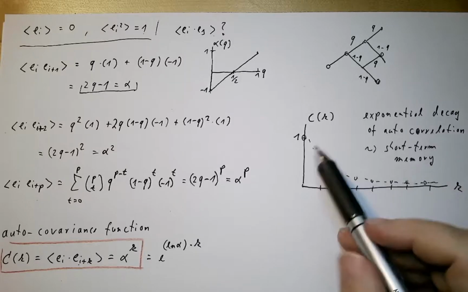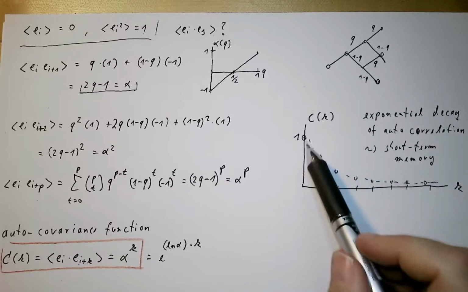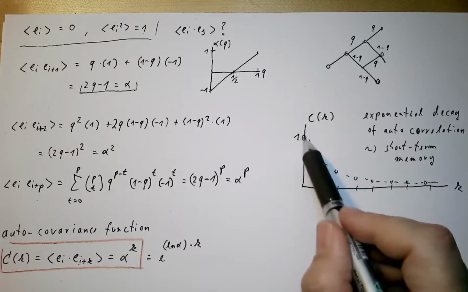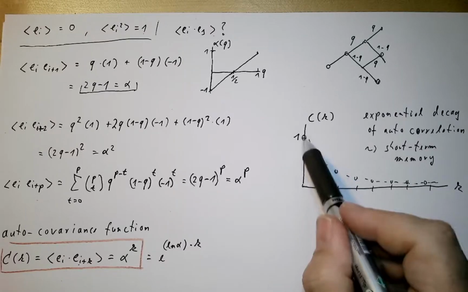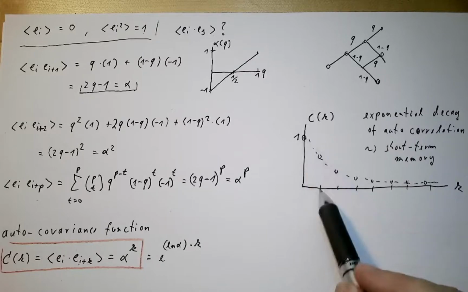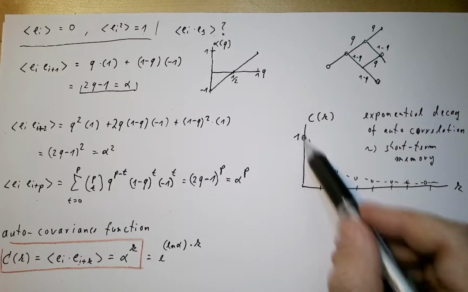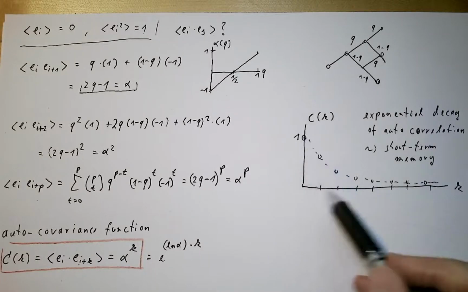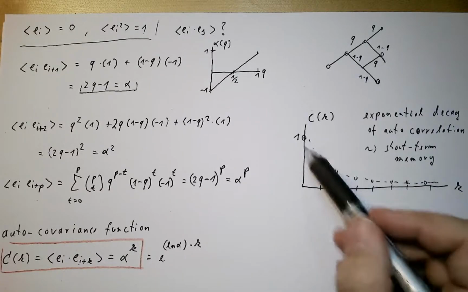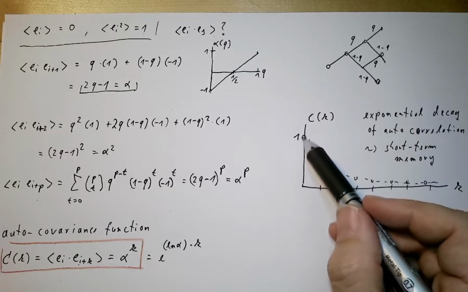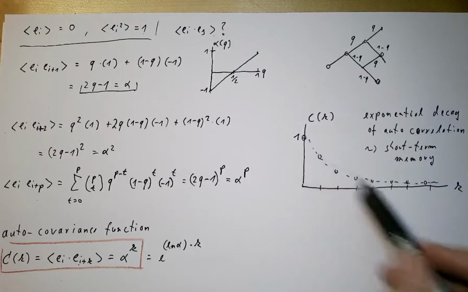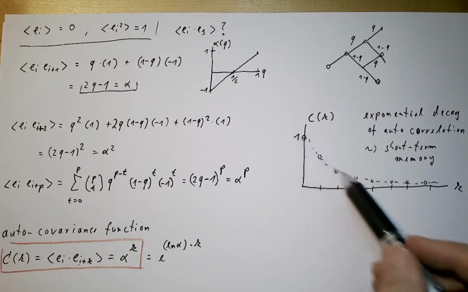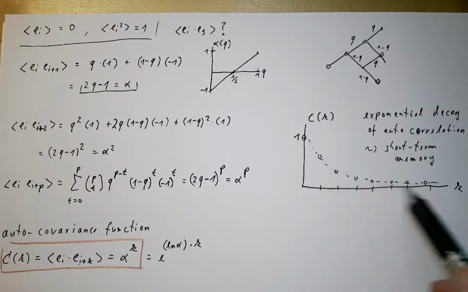Because remember in our independent random walks, the autocorrelation function was, we had here at k equals 0 a certain value, and for all other k values the function was already 0. Here it was a certain value, and then it was 0 always. And now we introduced a process where we have a memory, so the autocorrelation is not 0, but it decays, and it decays exponentially.